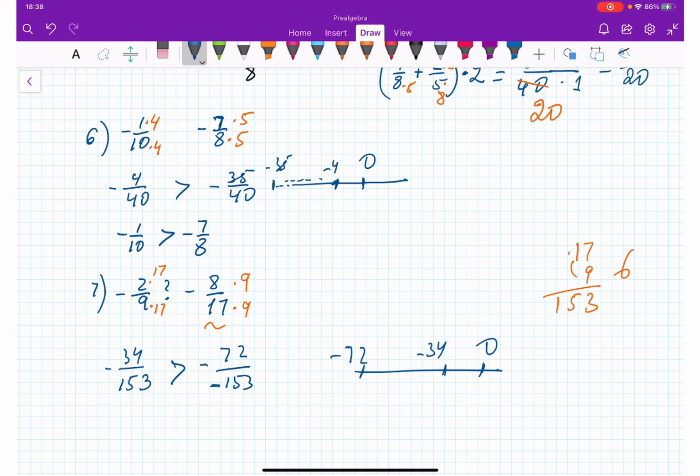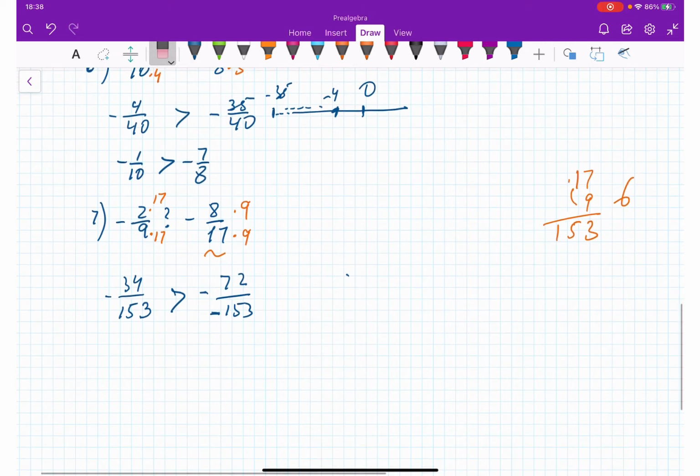Therefore, negative 2 over 9 is greater than negative 8 over 17. All right? Next question, number 8.